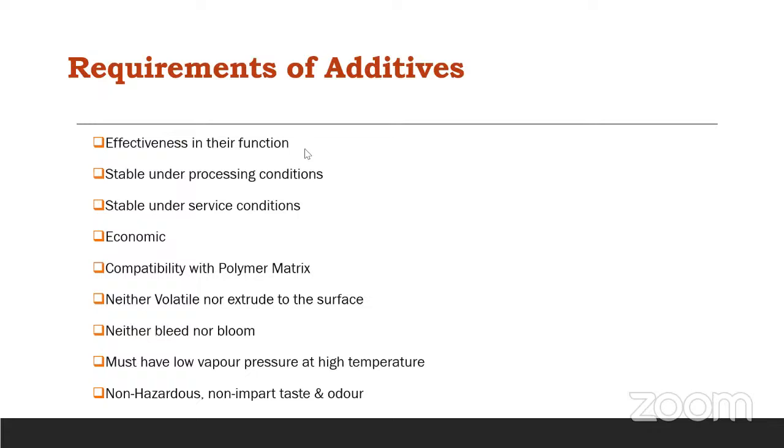Okay, so now why actually additives are needed. If we see pure polymers, they often lack certain qualities, as we have discussed previously, which are needed for the end use applications.